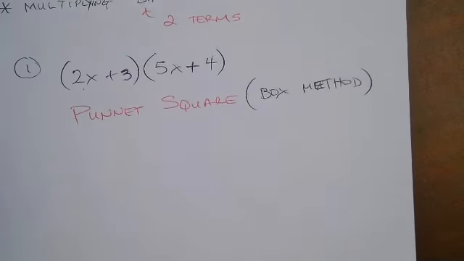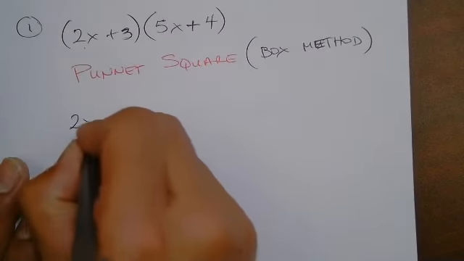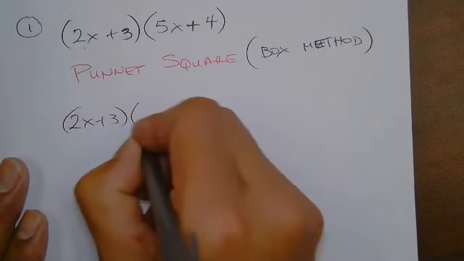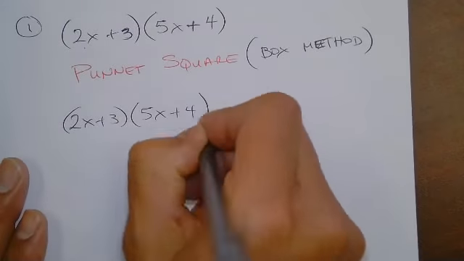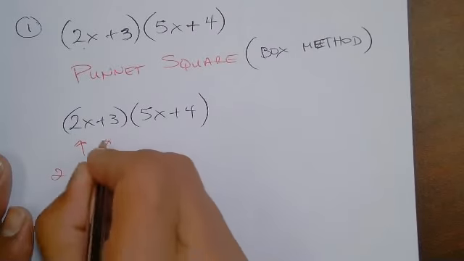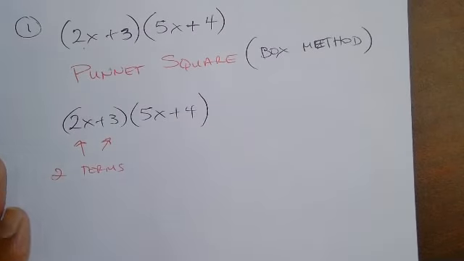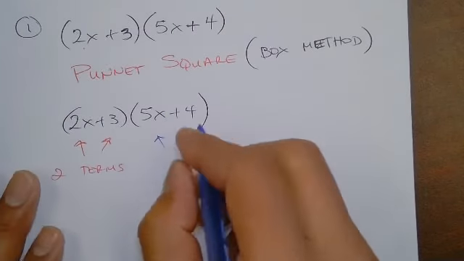Okay, here's how you set this up. We have to set this problem up to do. Okay, 2x plus 3, 5x plus 4. We know there's two terms here, right? And we also know there's another 2 over here.